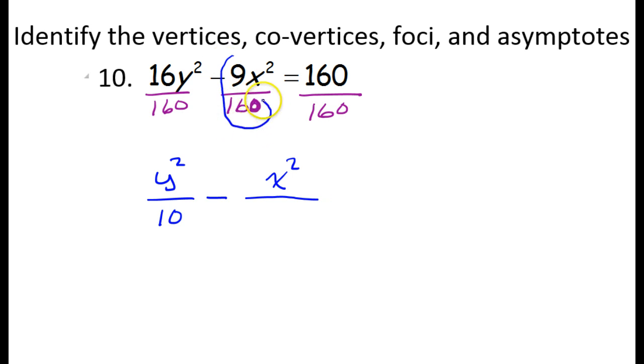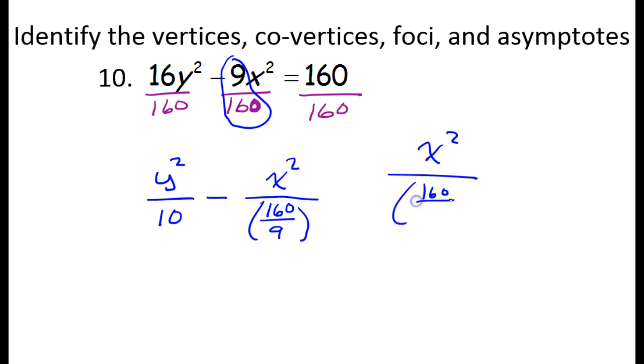What I can do is take this fraction 9 over 160 and do a little reciprocal deal with it and make it 160 over 9. I'm trying to force this into the denominator, and you know that if I do x squared over 160 over 9, well, how do you divide by a fraction? Don't you multiply by the reciprocal? So you know that this is the same thing as x squared times 9 over 160, right?